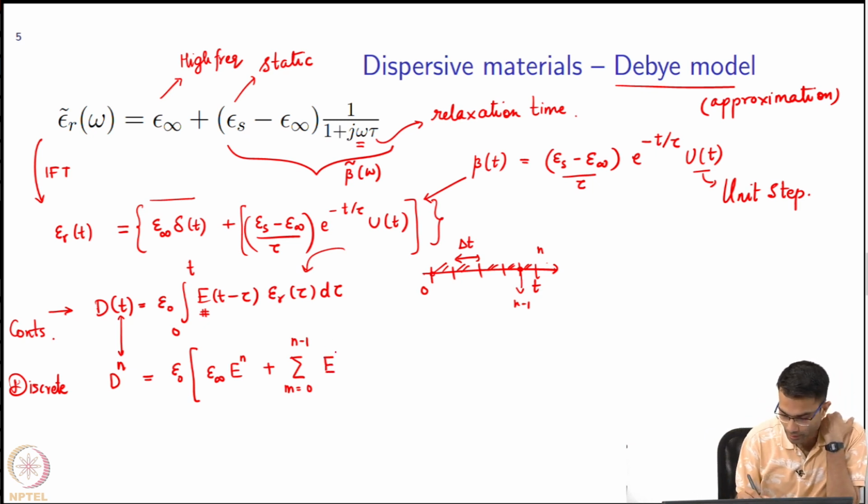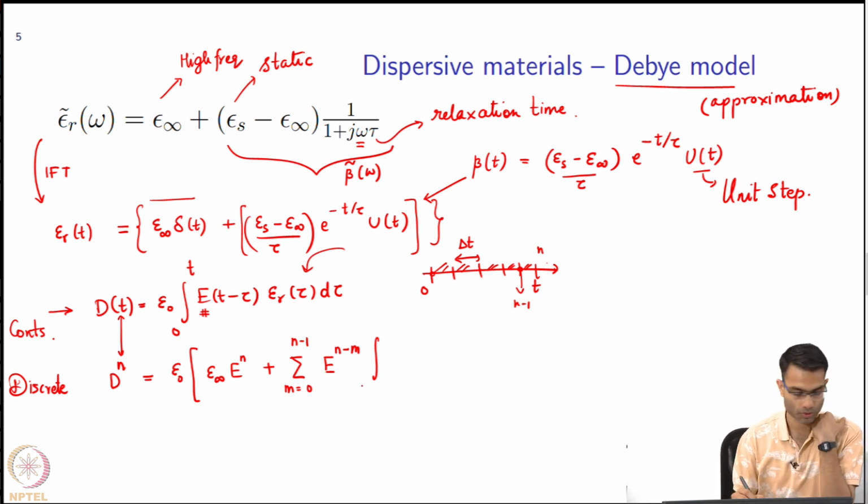So what will I have over here? I will have E n minus m. And what will be the limits of integration? I have introduced the variable m. So what is the starting point? m delta t to m plus 1 delta t.